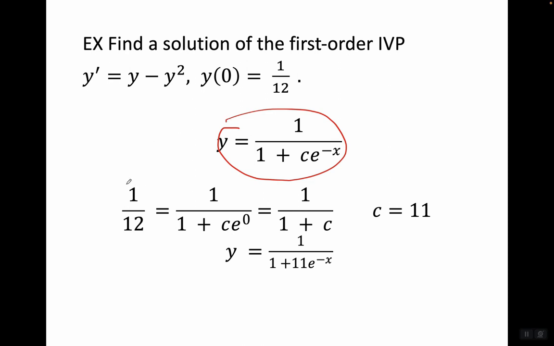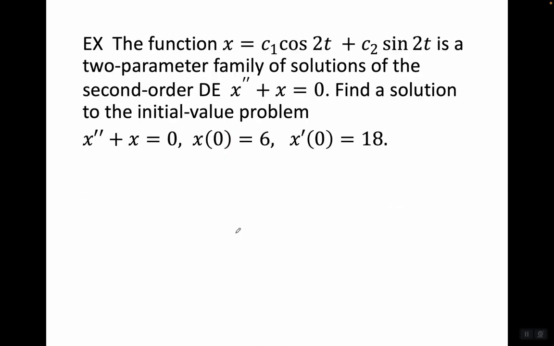So when we do that, we end up with 1/12 equals 1 over 1 plus c e to the 0, because in this case x is 0. In other words, it's 1 over 1 plus c. So if 1/12 equals 1 over 1 plus c, that means c must be 11. So our solution is going to be y equals 1 over 1 plus 11 e to the negative x.